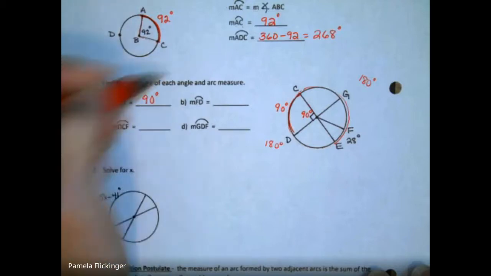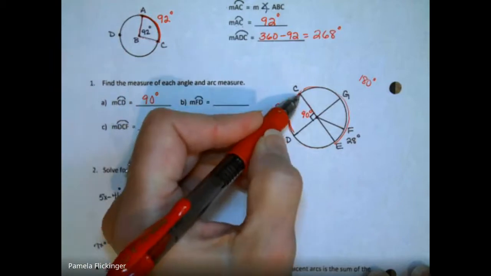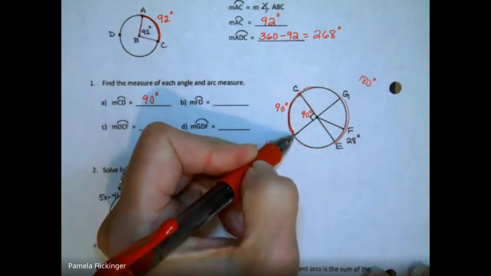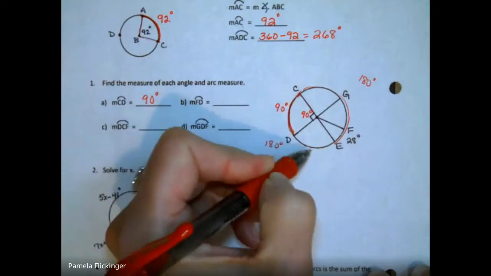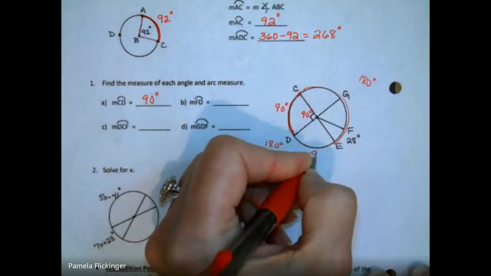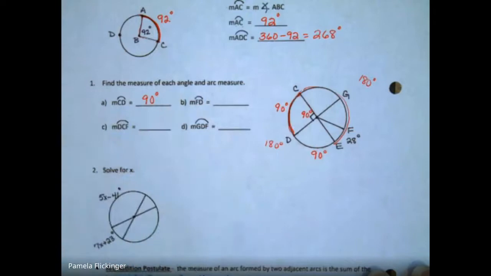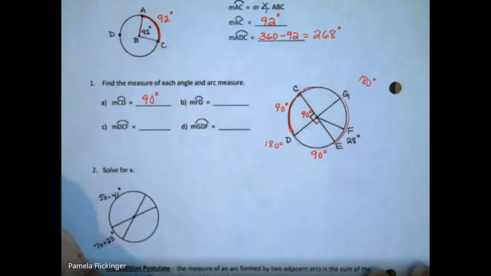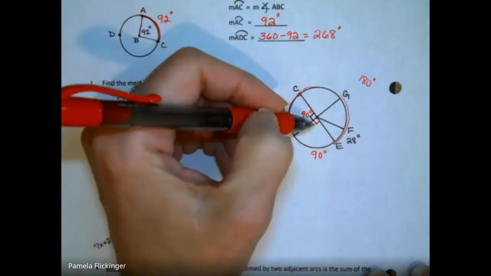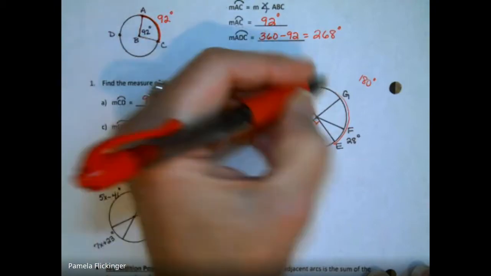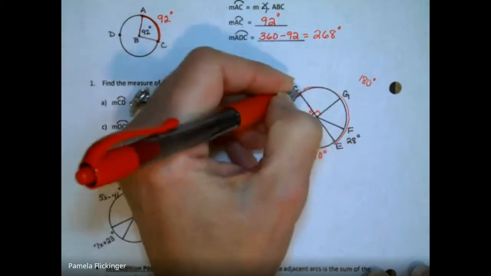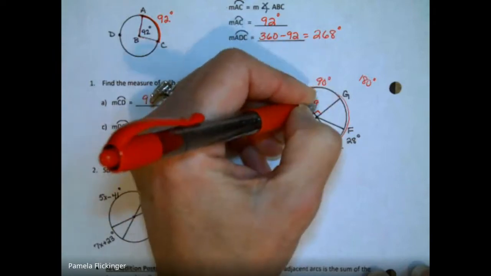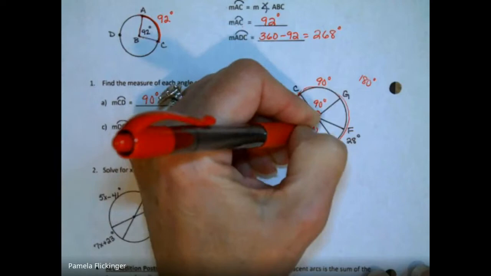Now, before I look at the other things, I'm going to come over here. So if that side from C to D is 90, but I know from C all the way around to E is 180, then that means that from D to E is also 90. So this is also a right angle in here. I've got some vertical angles. So I know that C to G also is going to be 90 because I've got all these 90-degree angles.